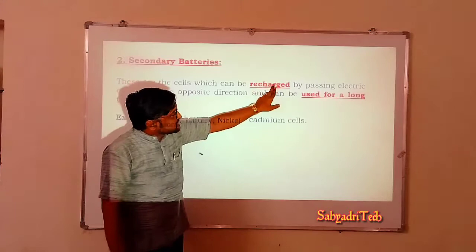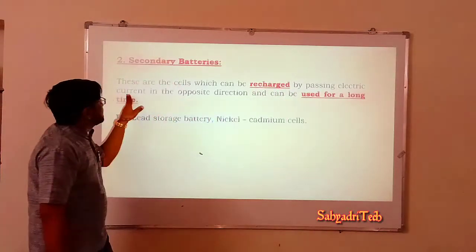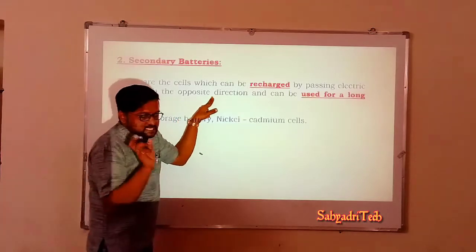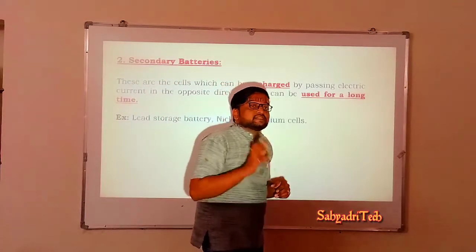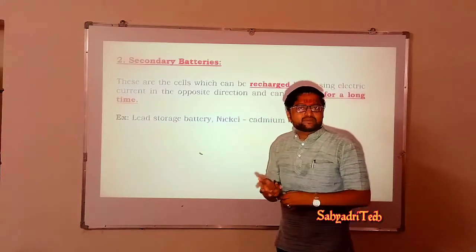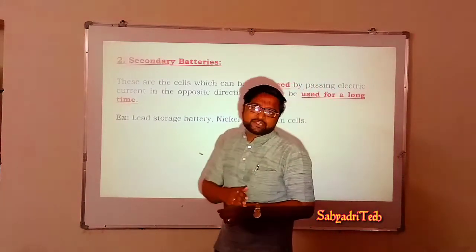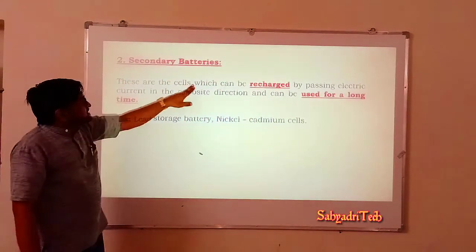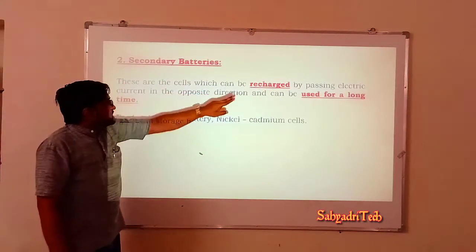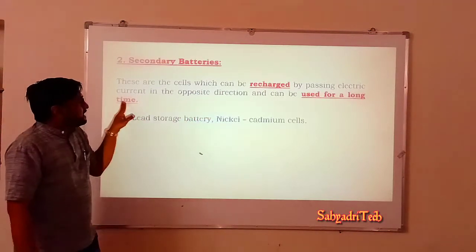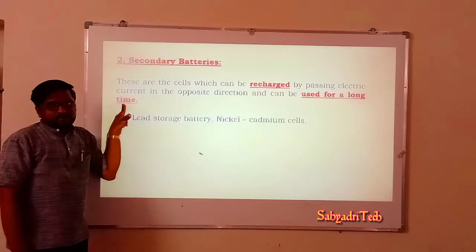Recharged how? By passing electric current in the opposite direction, meaning by applying an external opposite potential, these batteries can be recharged. If they can be recharged, they can be reused. Therefore, these are the cells which can be recharged by passing electric current in the opposite direction and used for a long time.